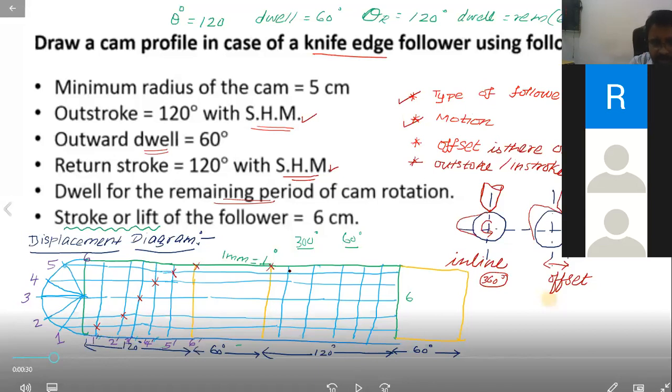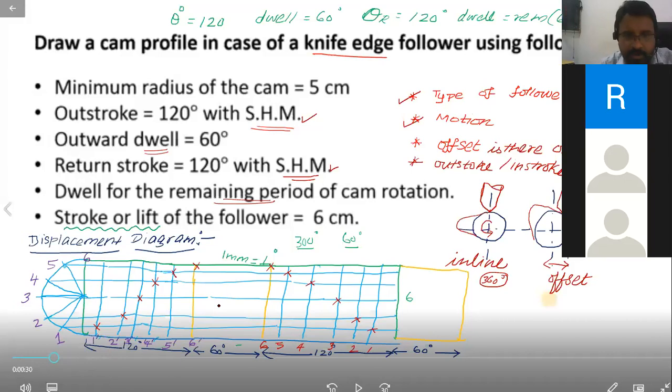Similarly here also you put 6, 5, 4, 3, 2, 1.